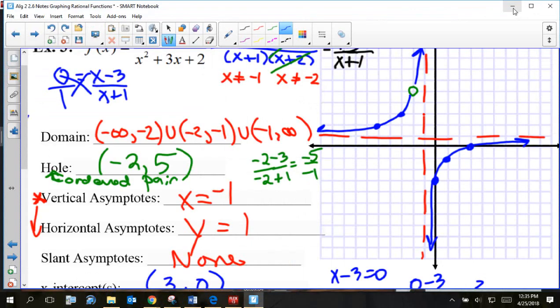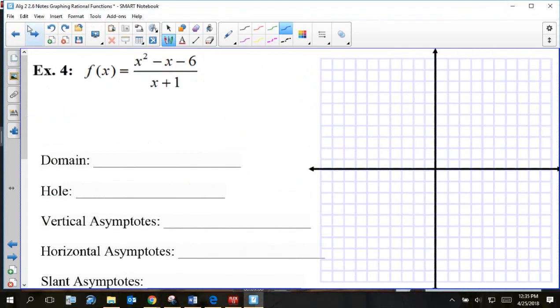All right, last question. What should you do first? After factoring, once you factor it, say what x cannot equal.